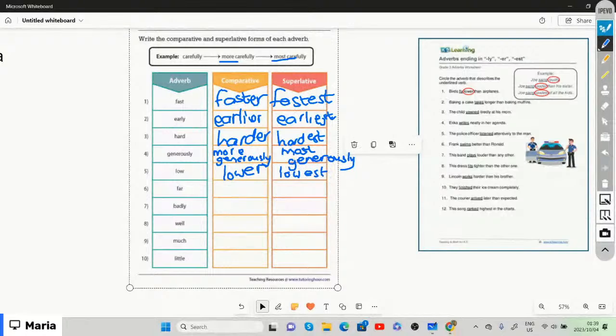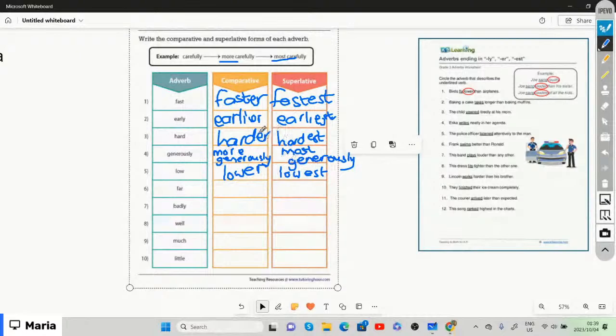All right, can you think of far? A comparative as well as a superlative. Far. So, do we say far or do we say far more far?